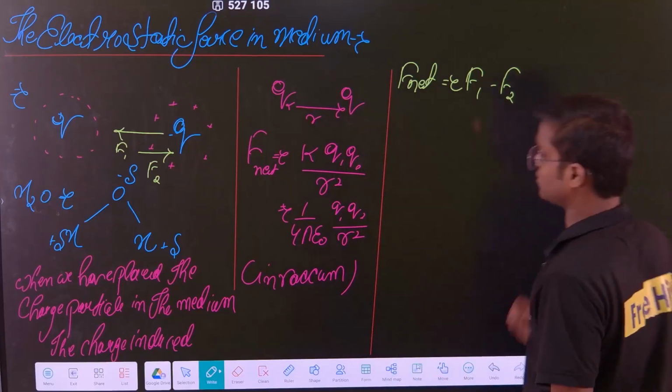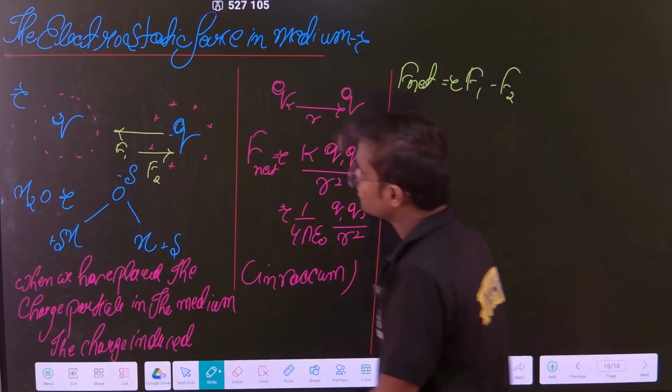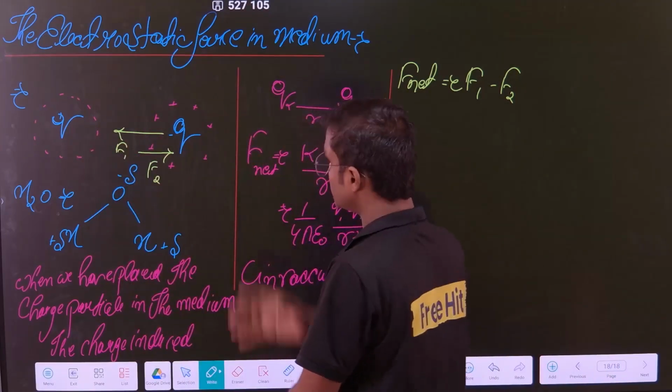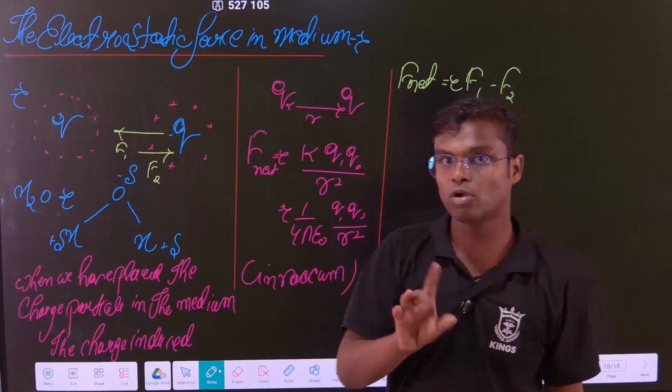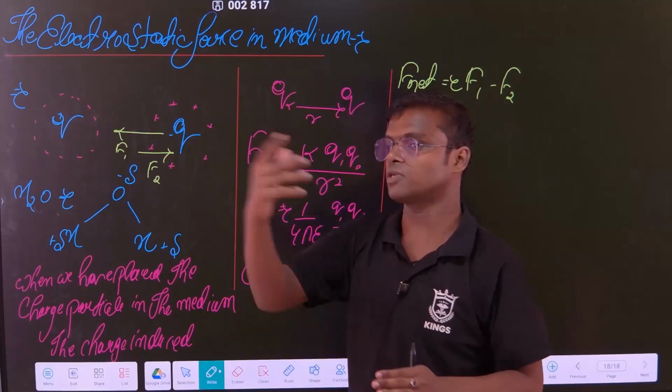Now what is F1? Tell me, what is F1? Sir, F1 is the force between these two charged particles when they are in air. Because we have read one property, that the electrostatic force between two charged particles is independent of any other charge which is present.